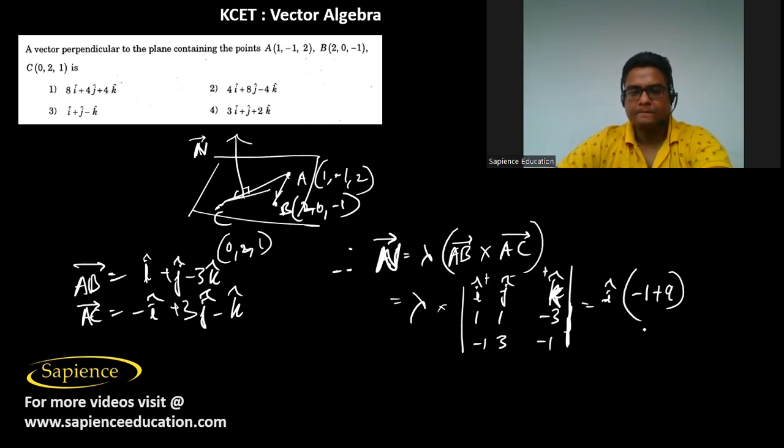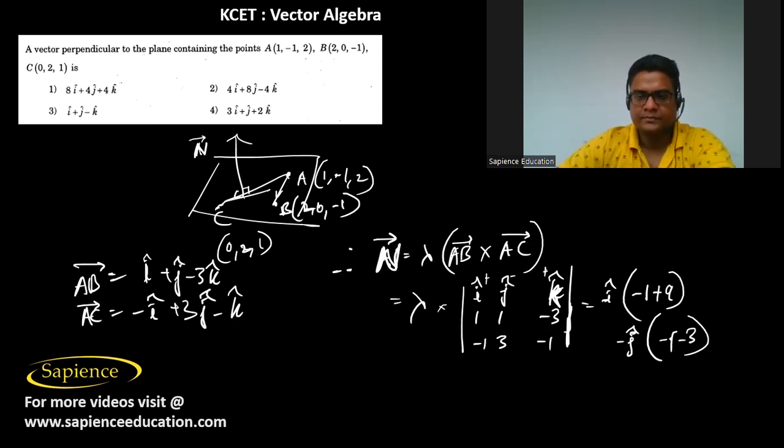Then minus j cap into minus 1 minus 3. Then plus k cap into 3 minus of minus 1, so plus 1.